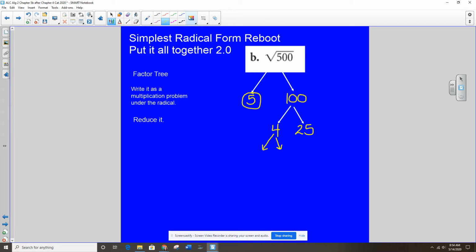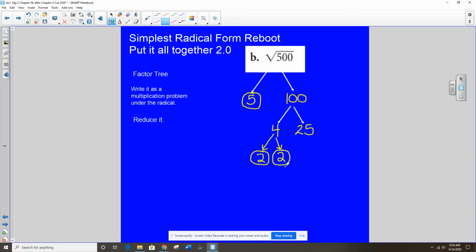As far as that goes, we're going to go 2 times what? Hopefully you said 2. All right, now is it prime? Yep, 2 is the only prime number that's even. That's exciting information you should never forget.